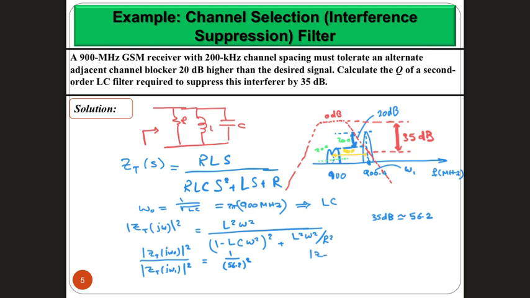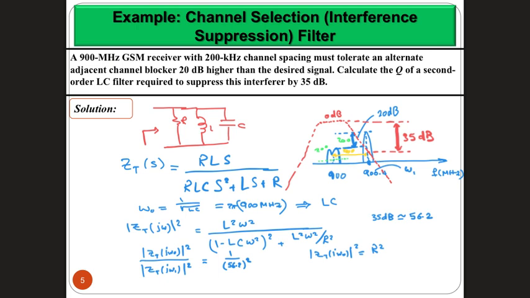But we know that Z at j omega naught squared is equal to R squared, because at resonance, the L and C disappear. They cancel each other as impedances, and I end up with only a resistive impedance.